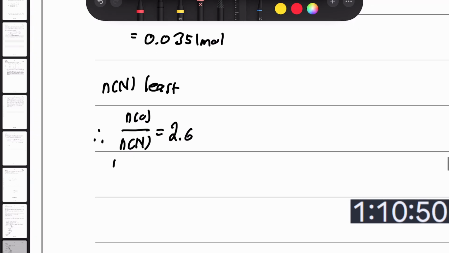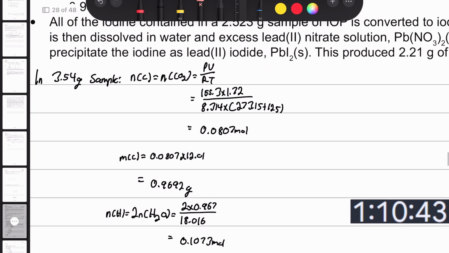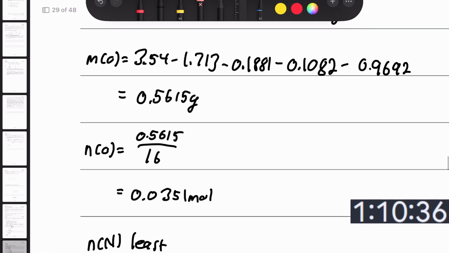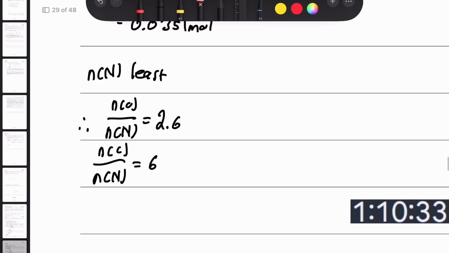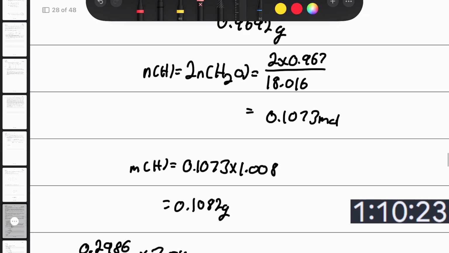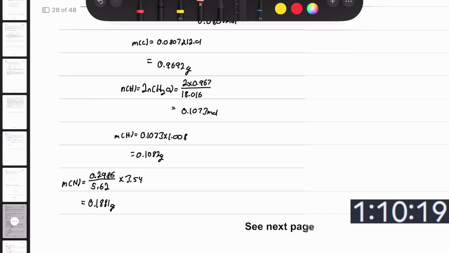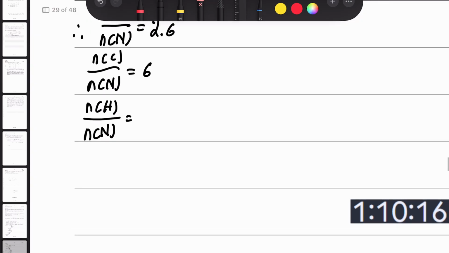2.6. So then my number of carbon over number of nitrogen is going to be equal to 0.0807 divided by 0.0135. That is 6. Number of hydrogen: as long as the rest are also nice numbers, it should be alright. 0.1073 divided by 0.0135, that's 8.